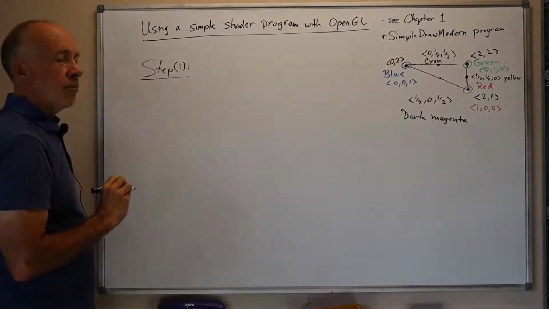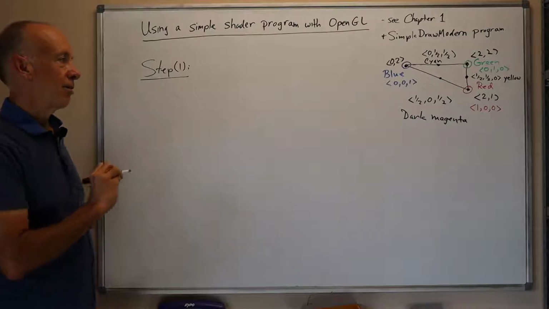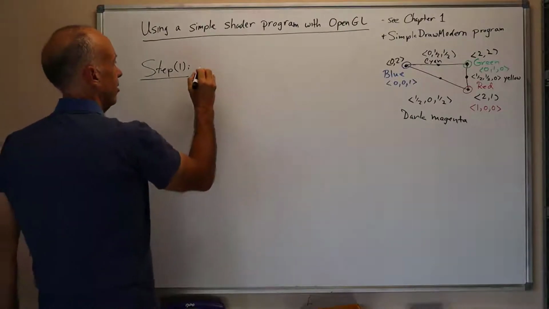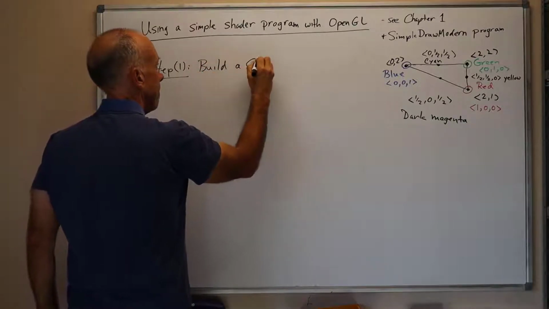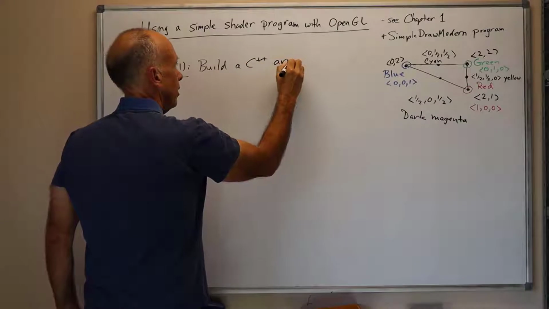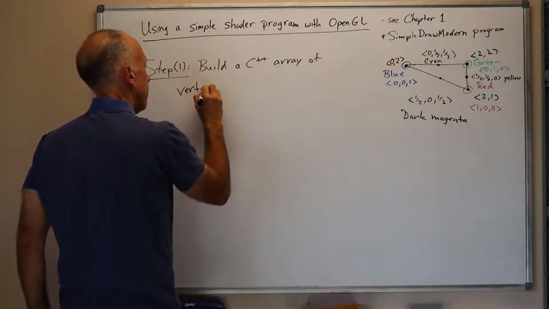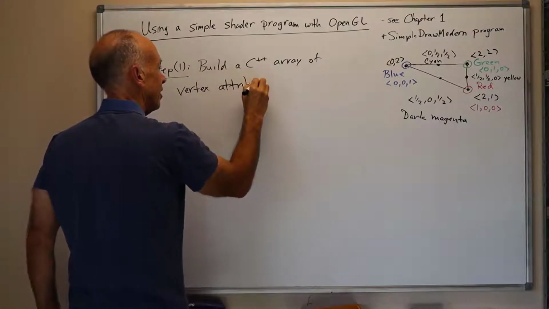So now we're going to talk about how the C++ program works with OpenGL to draw this triangle. Step 1 of the process is to build a C++ array holding the vertex attributes, meaning numeric properties of the vertex.